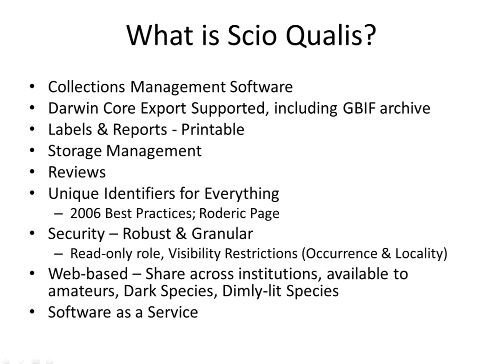The security for Scio Qualis is very robust. There are different roles that you can have, such as a read-only role, a reviewer role, a collection contributor role, a collection admin role, and an institution admin role, and these grant various permissions depending on your role within a collection.